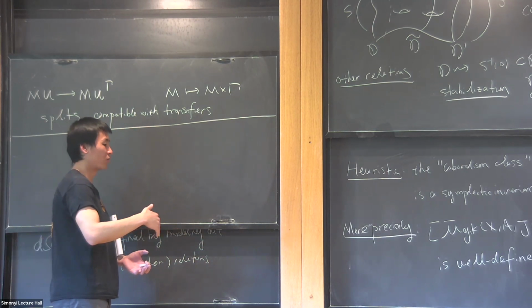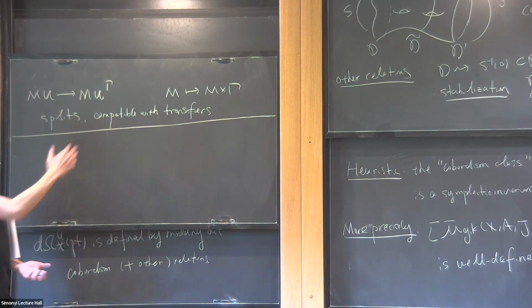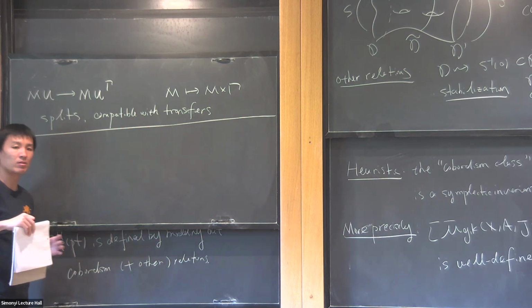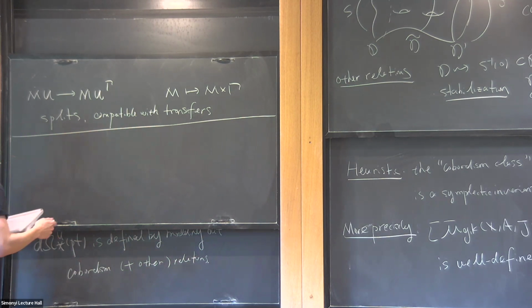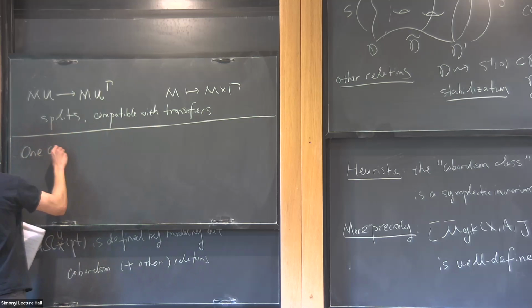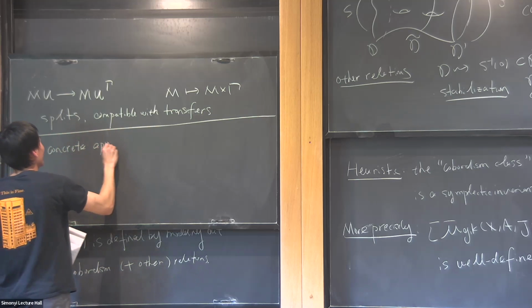They can all be specialized from complex cobordism. So given such an invariant, we get an invariant in all complex oriented cohomology theories. And there's a concrete application of this. Well, maybe it's not concrete, depending on your taste.